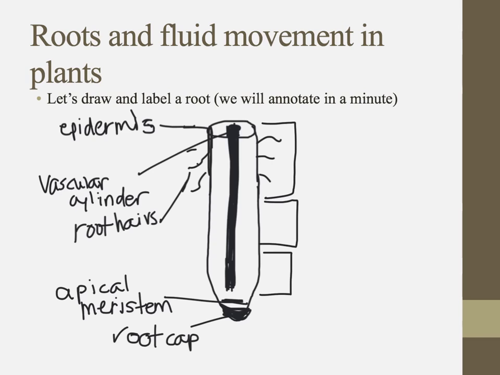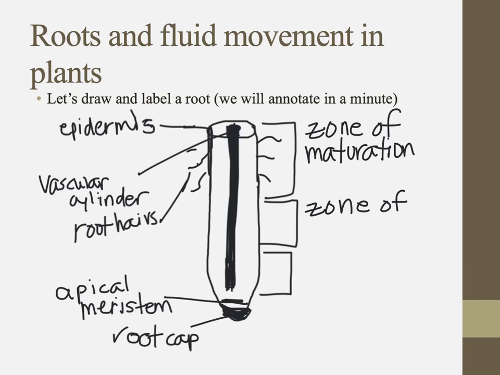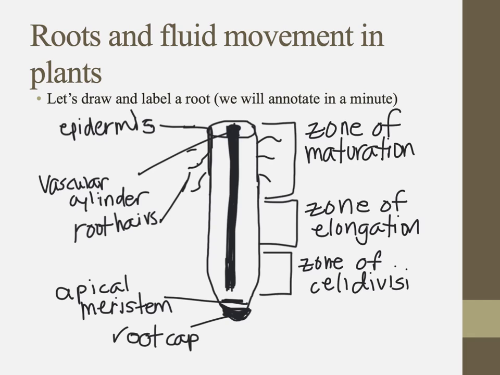This first one is called the zone of maturation, followed by the zone of elongation, and the zone of cell division. And I love these because they're exactly what they sound like. We'll talk more about those zones in just a little bit.